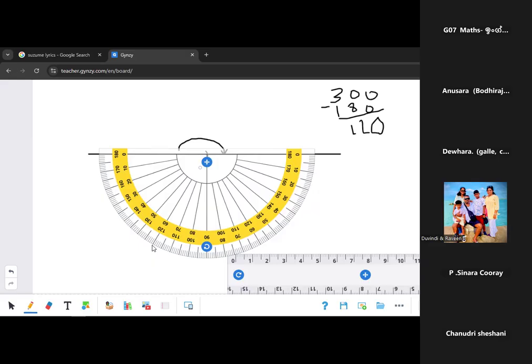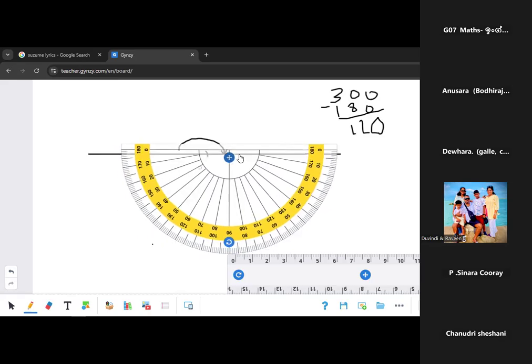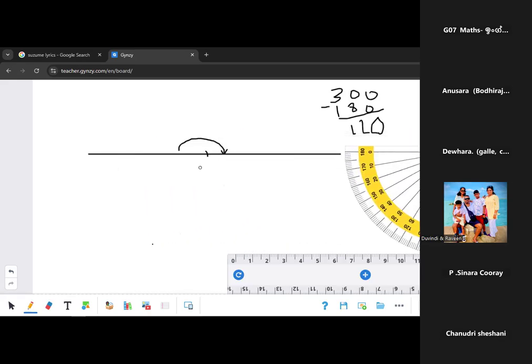Right at the top of the 120, place a small dot like this, and remove the protractor.